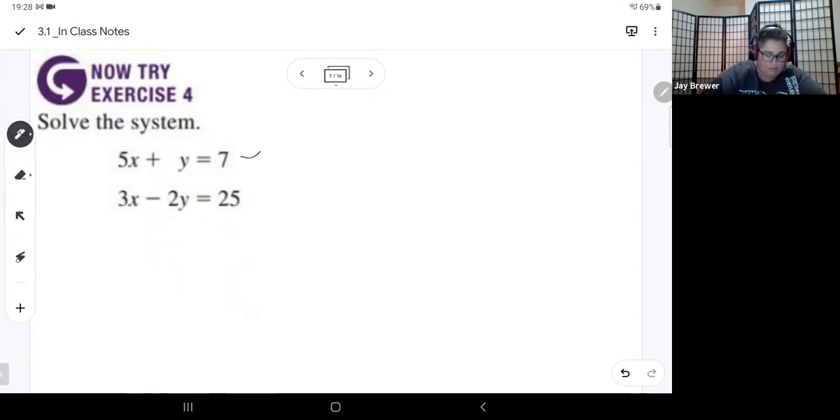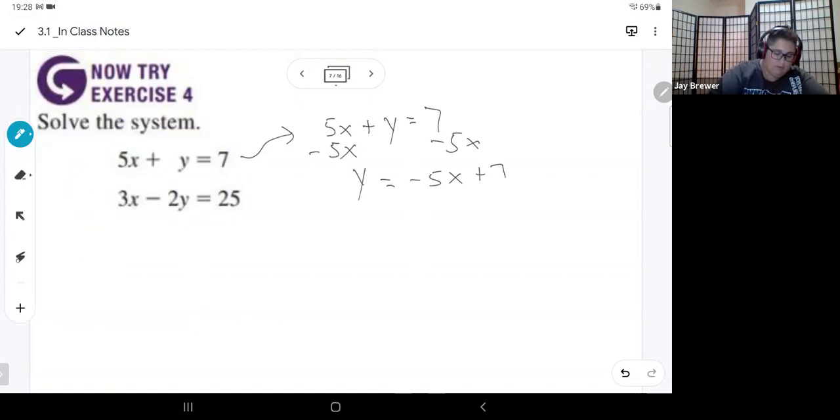So we're going to get it by itself. So 5x plus y equals 7. Going to subtract 5x. So y by itself is negative 5x plus 7. So now we have a good candidate for substitution.